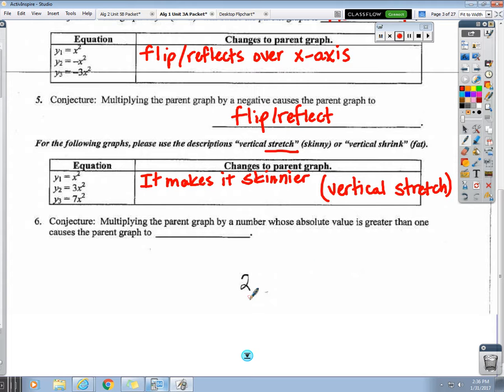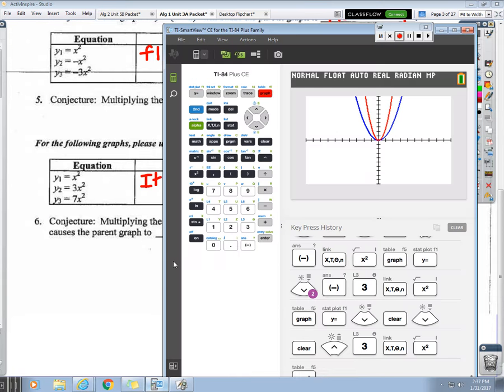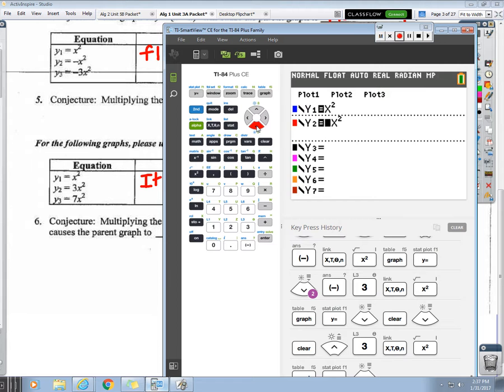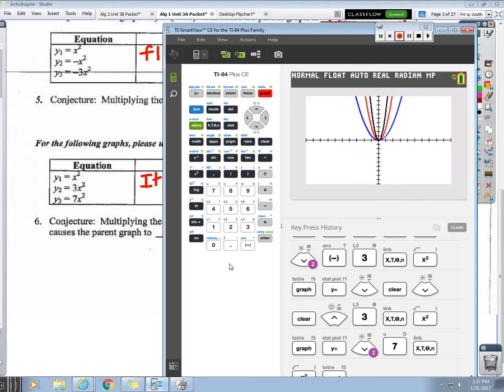Okay, so now look. Let's see what happens if you throw a 7 in front, which is an even bigger number. Okay, so y equals, this time I'm going to go bigger than 3. I'm going to go 7x squared. What happens? Even skinnier, right? So the larger your number gets over 1, the skinnier it gets.